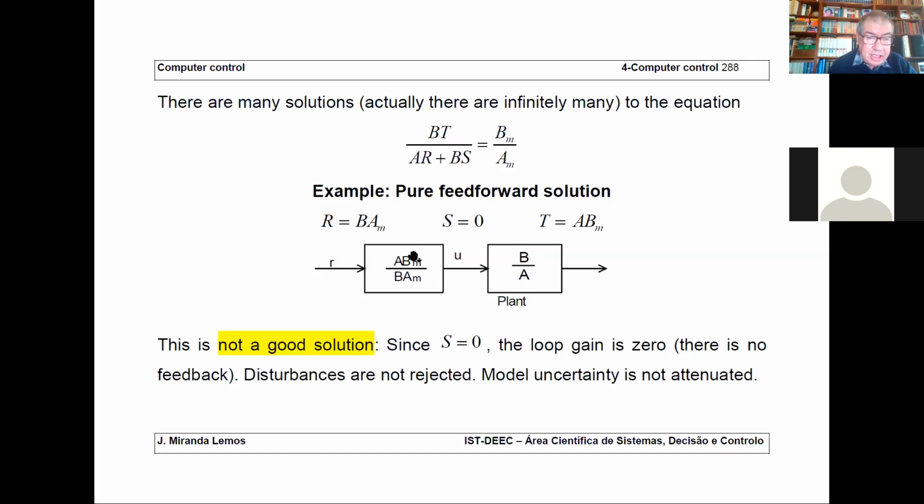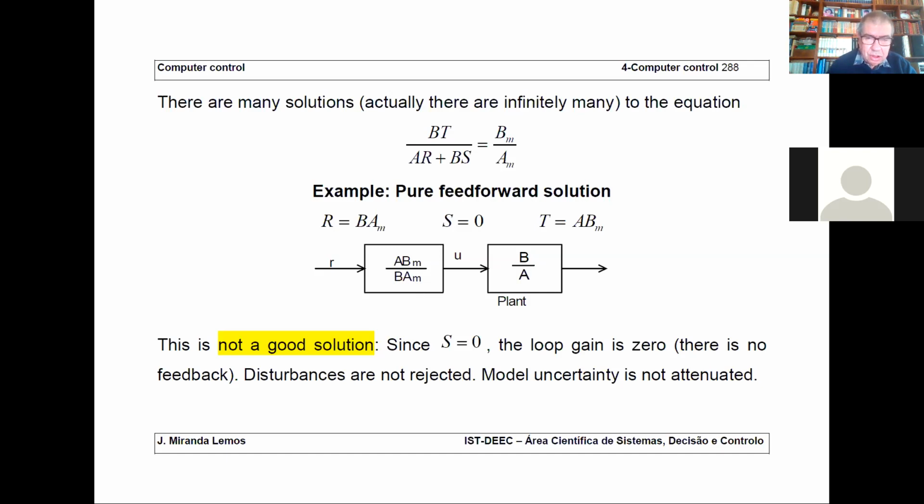And then I just put here the inverse of my system, A divided by B, in series with my desired. So I'm canceling all the poles, I'm canceling all the zeros.